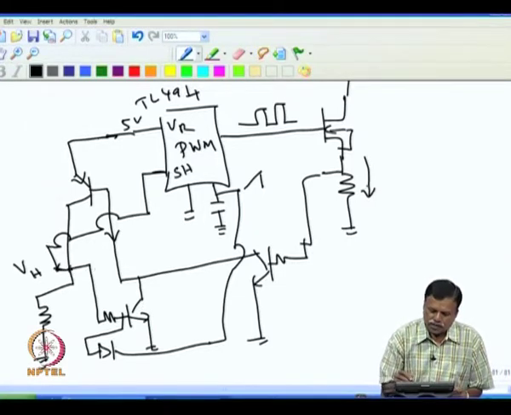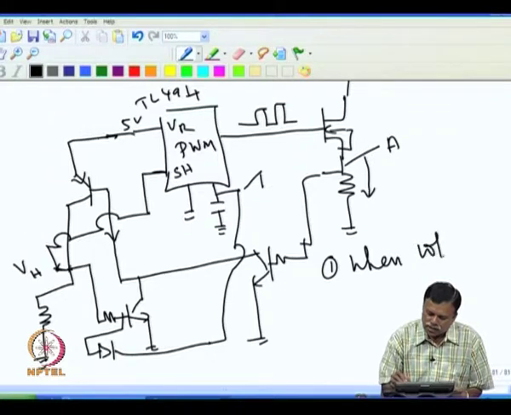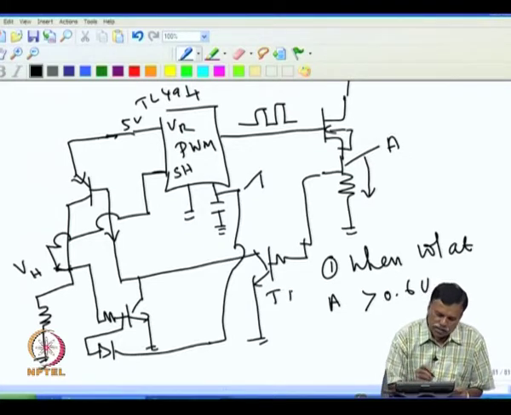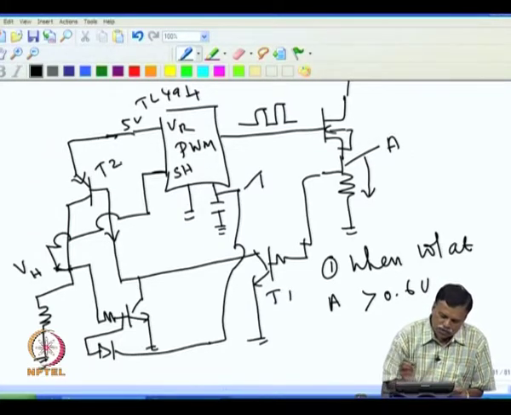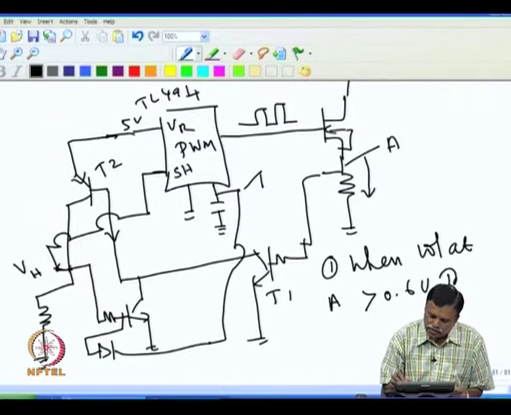That means, in reality, when the voltage at this point, say I name it as A, goes high, that is, when voltage at A is greater than 0.6 volt, then T1 and T2 are switched on.